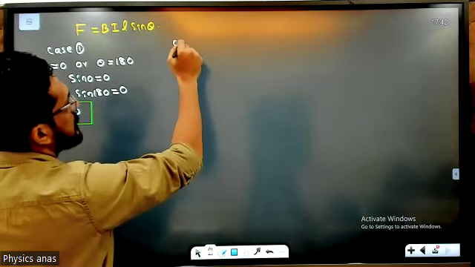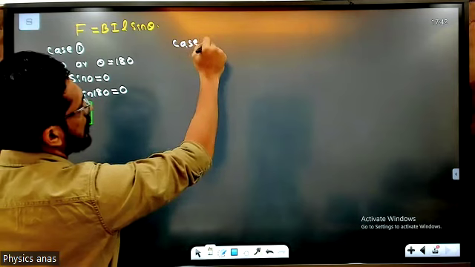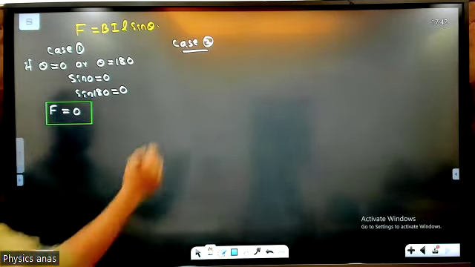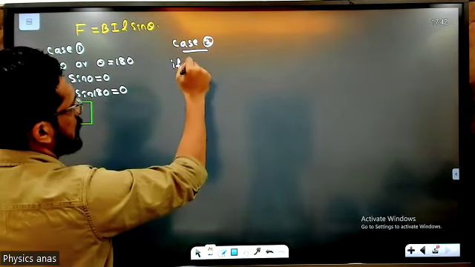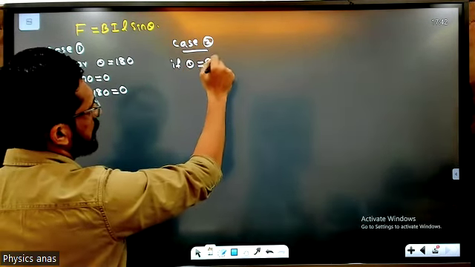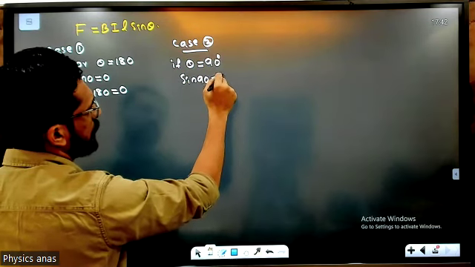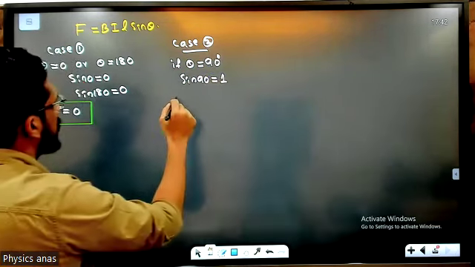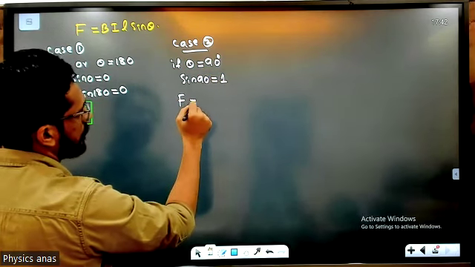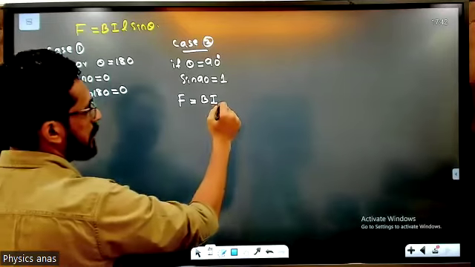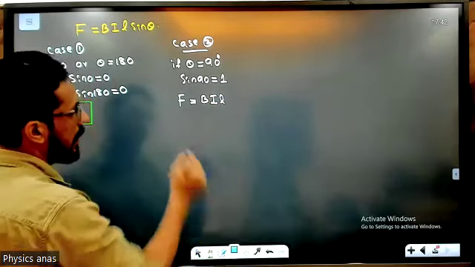And what will be case 2? Case 2 will be theta is equal to 90 degree. What will be sine 90? Sine 90 will be 1. Then what is the equation for F? That will be BIL sine 90, and sine 90 is 1, so just BIL.